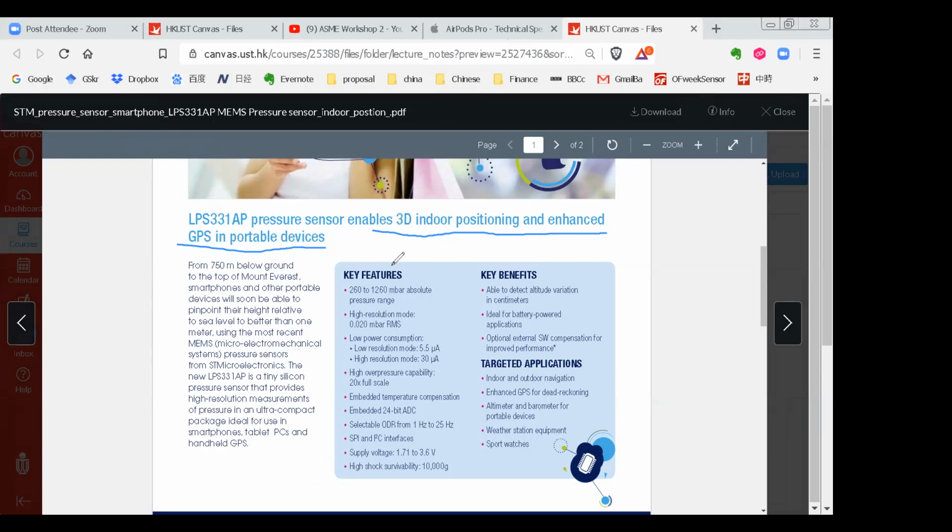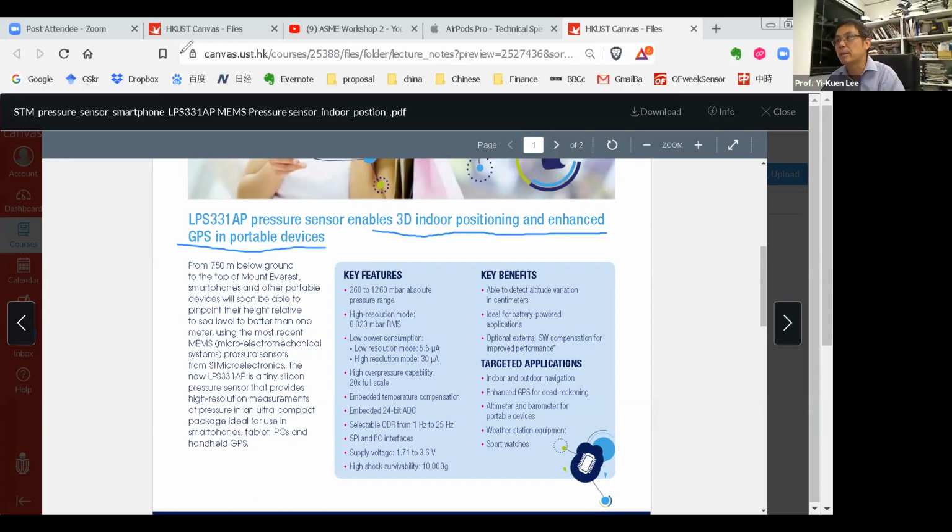Location-based service means if you bring your smartphone to a building, a shopping center, they can detect that you come here, and the shop can send some information about their product to your smartphone. This is another kind of application with the smartphone, with this kind of MEMS sensor, with IoT, the internet. So in this case, it enables a new type of application.